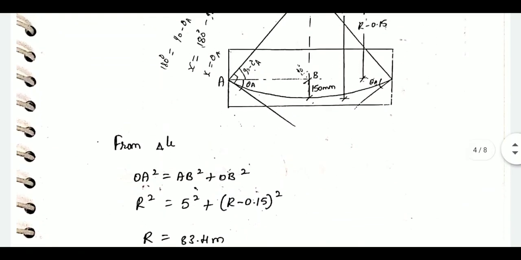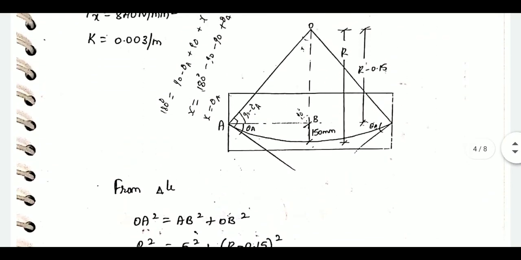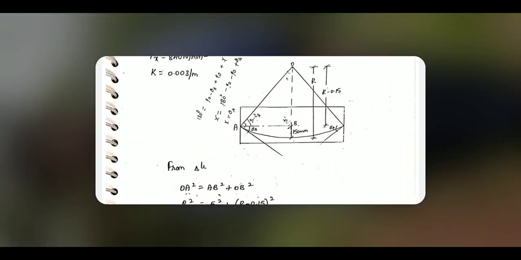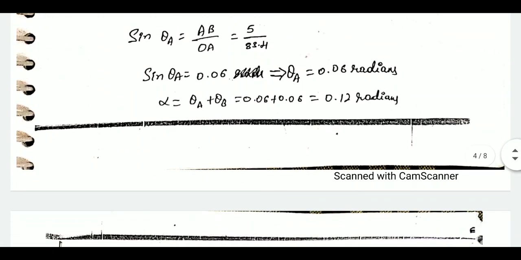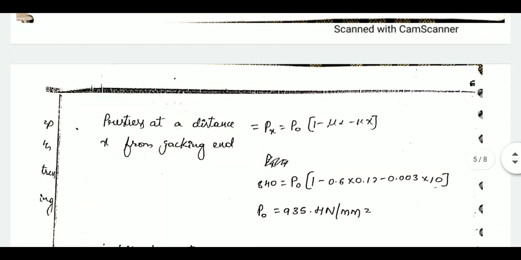Here remember, for radius the tangent always will be perpendicular. So we have got alpha value.